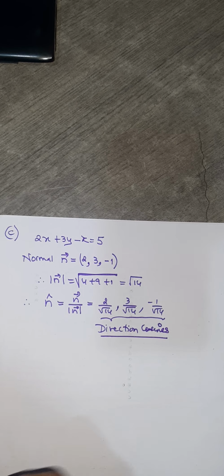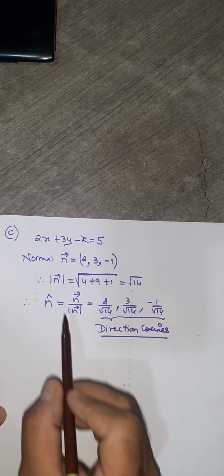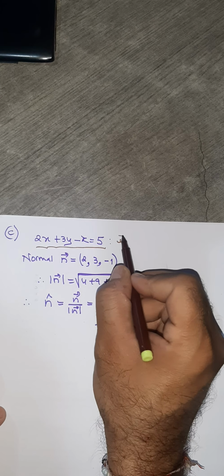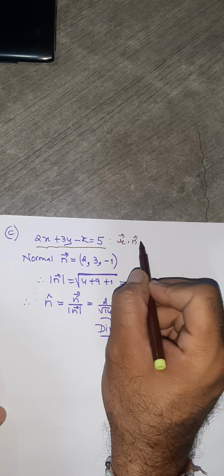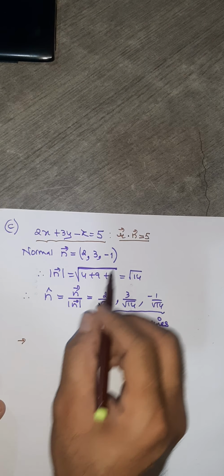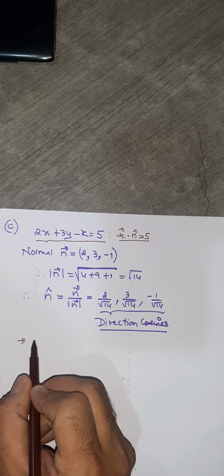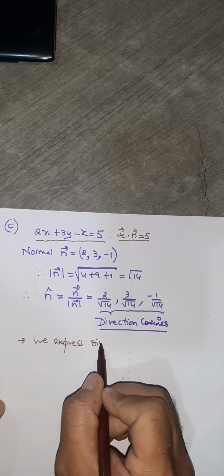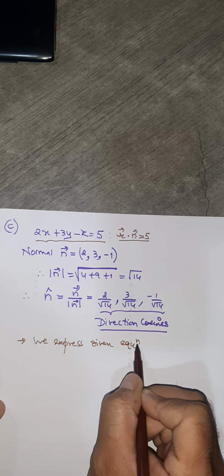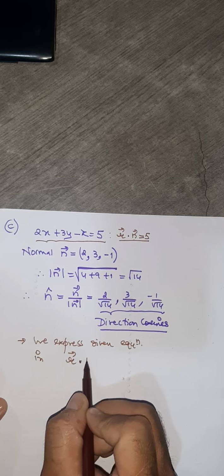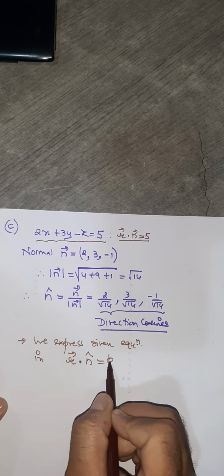Fine. Now, the next important step is what? We want the perpendicular distance from the origin. Now you know that this is in the form vector r dot normal equals 5. Instead of this, here we need a unit vector. So we express the given equation in the form vector r dot n cap equals small p.